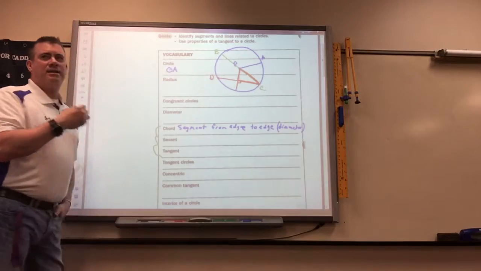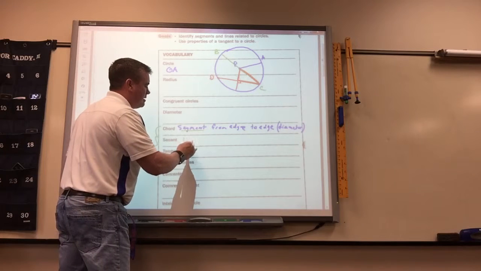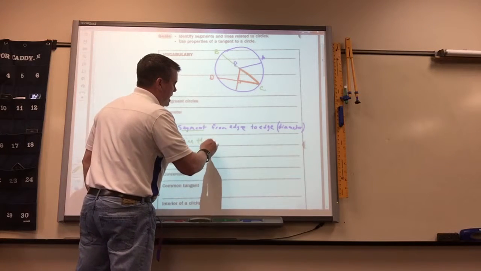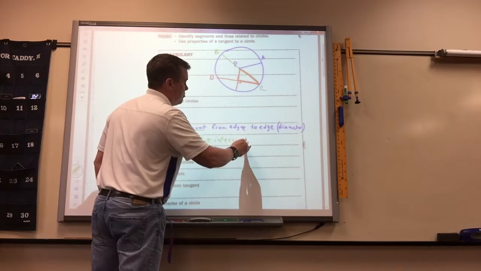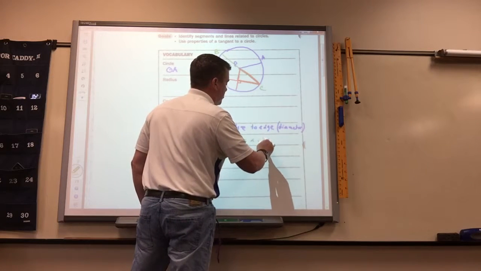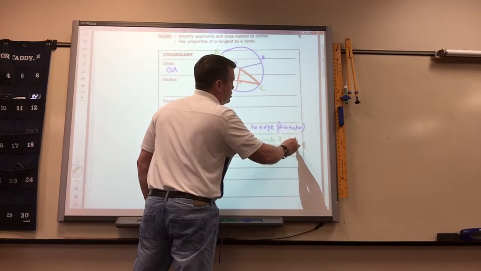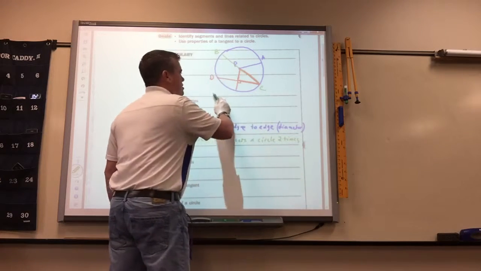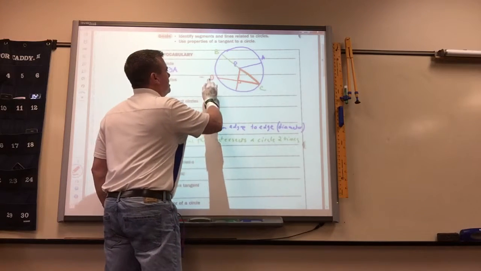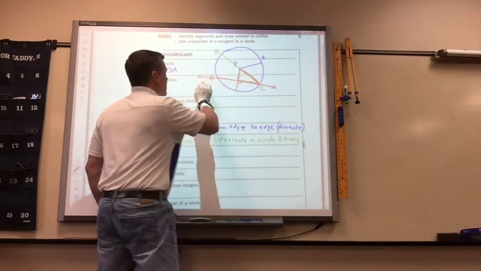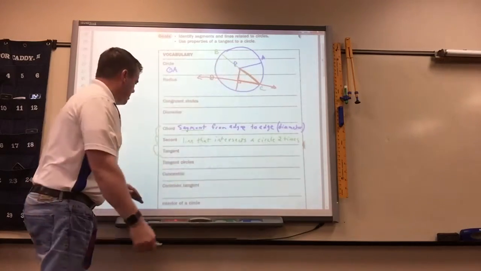Okay, a secant. A secant is similar to a chord, except it's not a segment, it's a line that intersects a circle twice. So that means it has to go through it 2 times, not just once. Once is it just barely touching. So if this were line DC, you can use that as a chord and a secant, you just got to label it correctly.